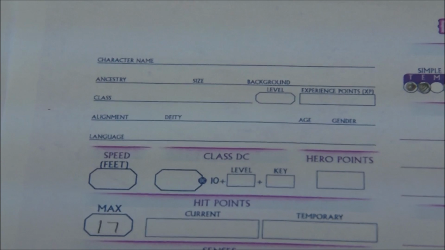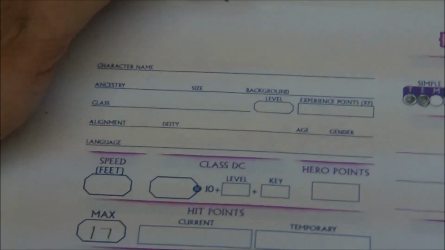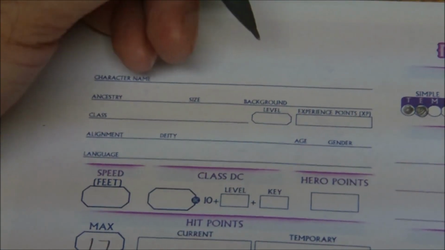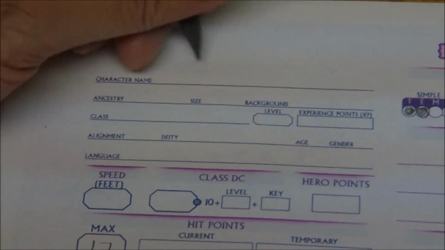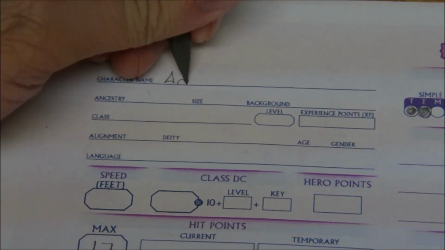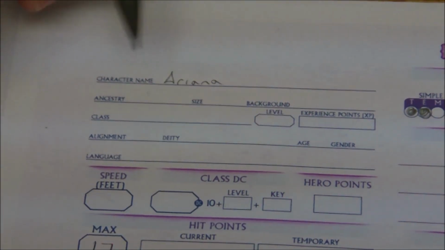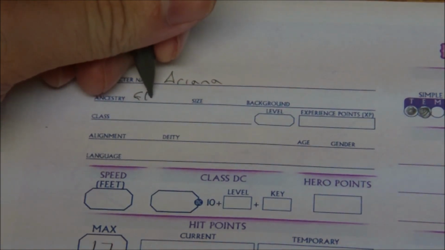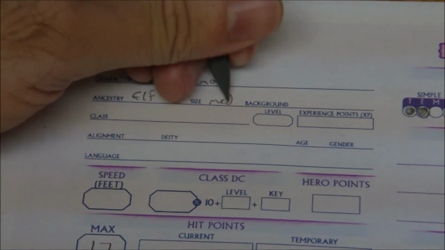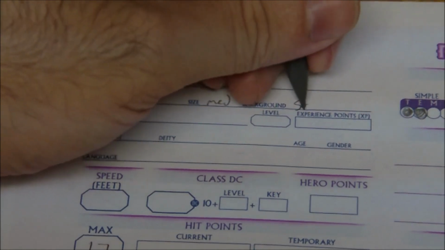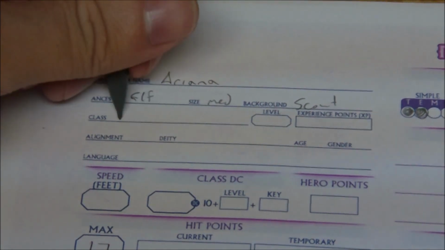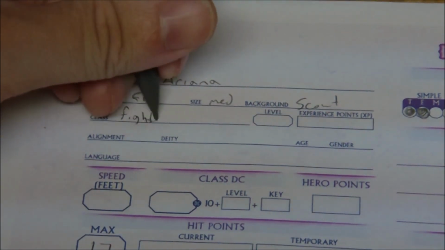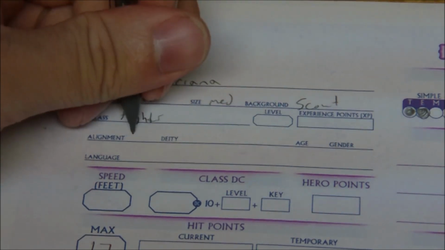So the last thing to do actually is going to be to, well actually let's just fill in the stuff at the top of the sheet here. So character name, the mini that I have here is female, so I'll give her a female name, Ariana. Ancestry is elf, size medium, the background that I took was scout, class fighter, alignment is going to be chaotic good.